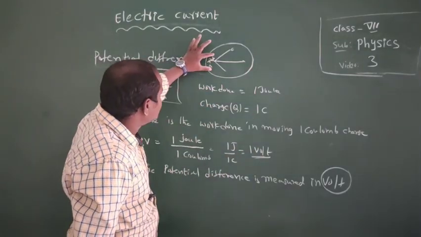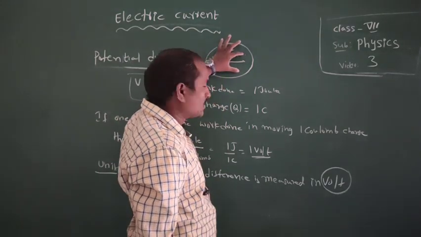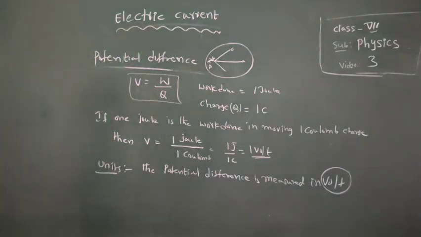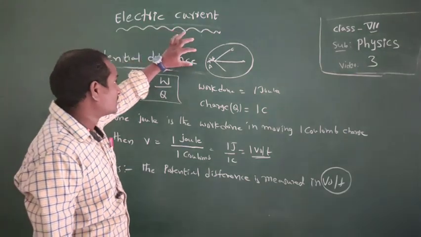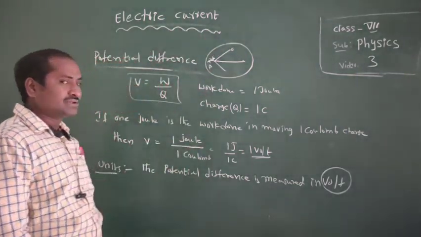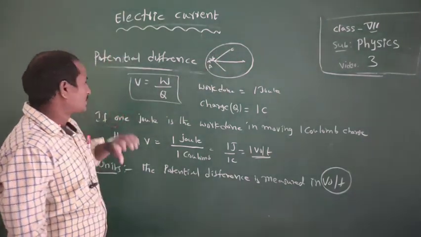The amount of work done when 1 unit positive charge moves from one point to another point in an electric field, that is called potential difference.